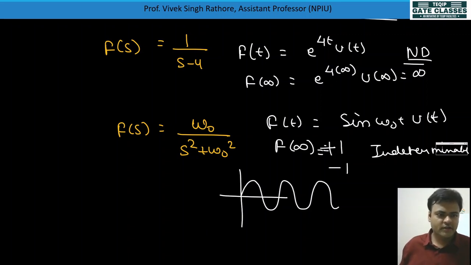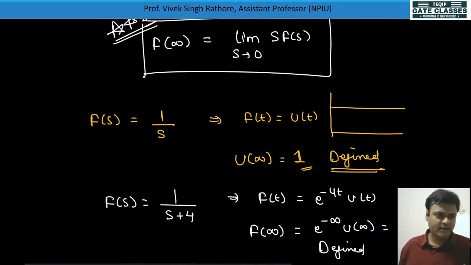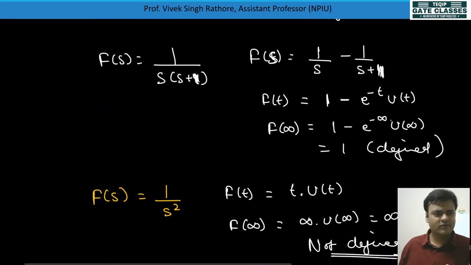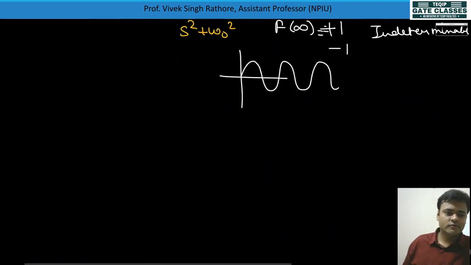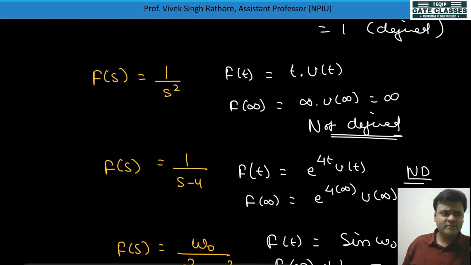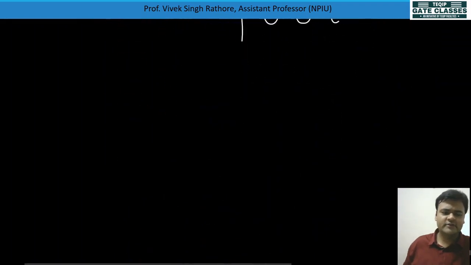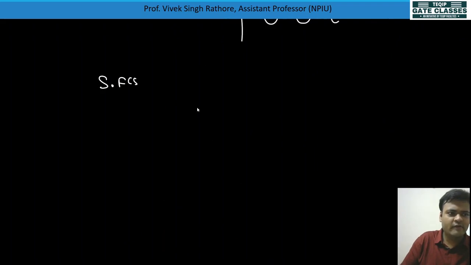So see, I have told you many questions, and I told you this is defined, this is defined. For defined values there was no problem, but for not defined, how will we calculate the final value? So see, f of s is equal to 1 by s square was there, its value was not defined. So if we multiply s into f of s, then what will happen?